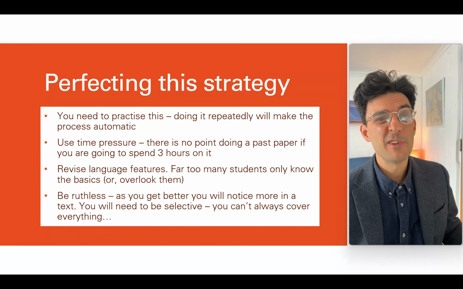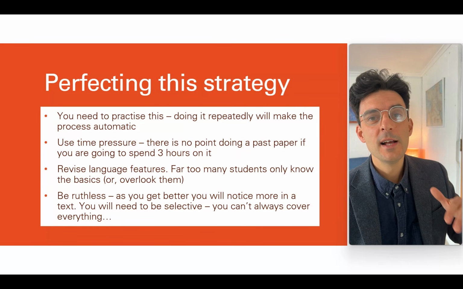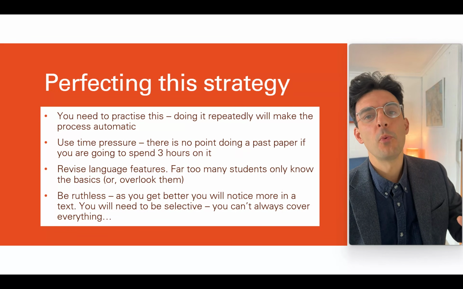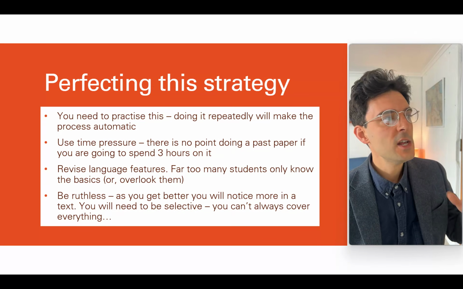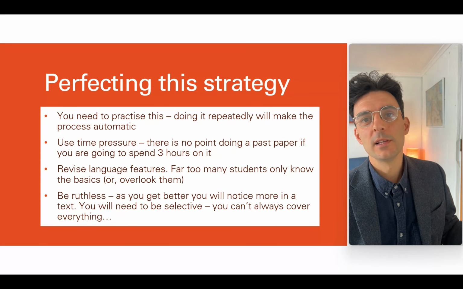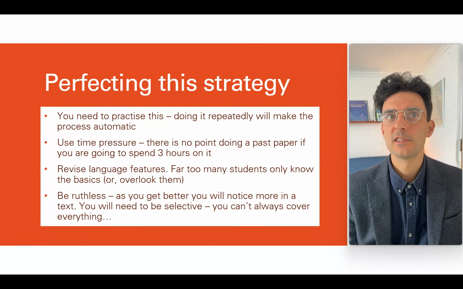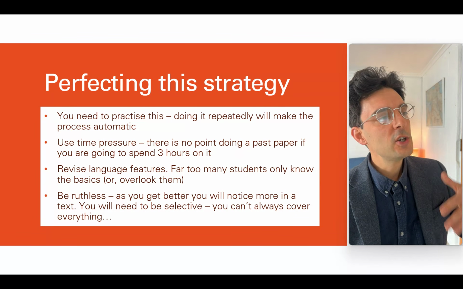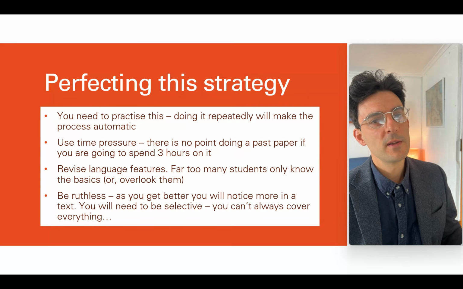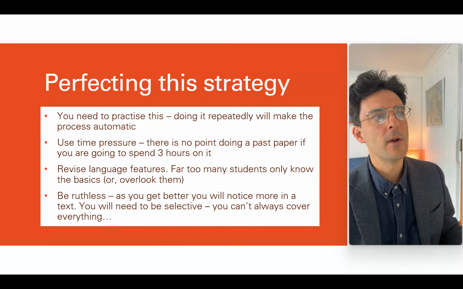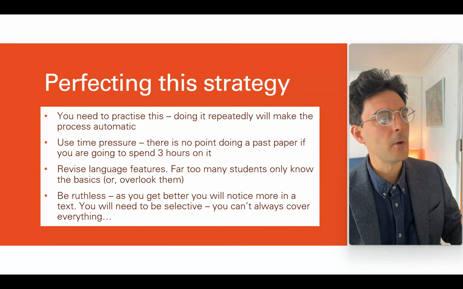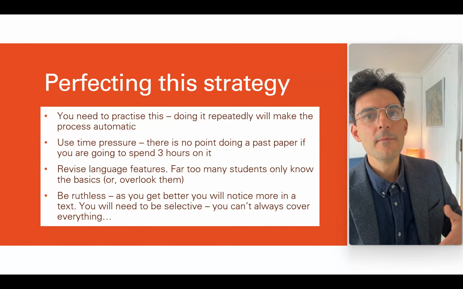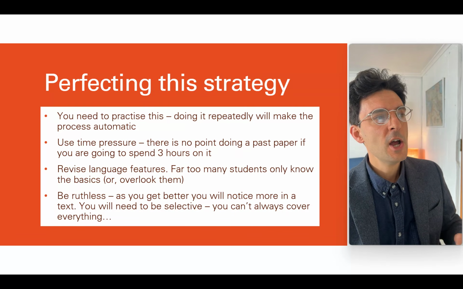Revise language features. I really see a very limited scope when it comes to language features. Students tend to fall back on those really easy, safe ones, like, I don't know, similes or whatever. You've got to get into those more obscure ones if you're chasing higher marks. Have you spotted some enjambment or some caesura or something more complex?